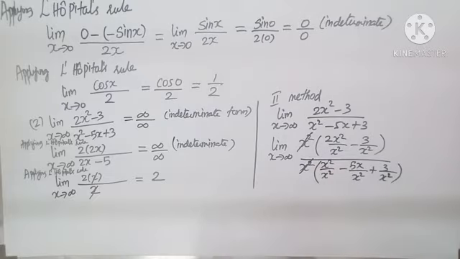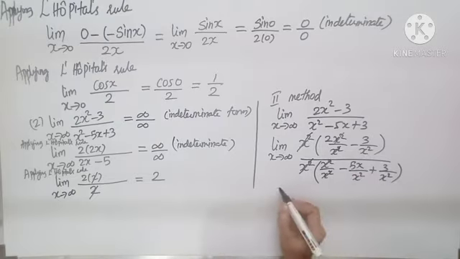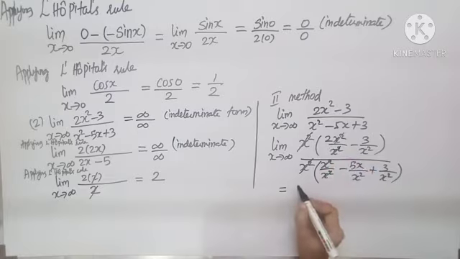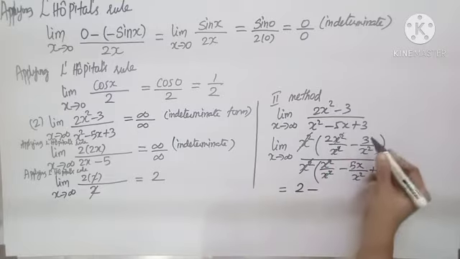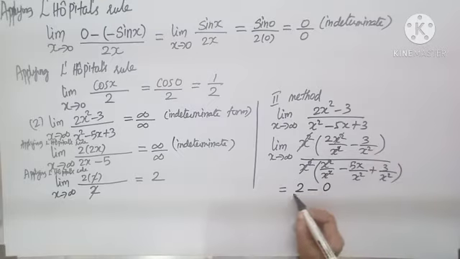These two I can cancel. These two also I can cancel. Put the limit infinity. Whenever infinity comes in the denominator, it becomes 0. So what is my answer? The first term 2. The second term 3 by infinity will become 0.